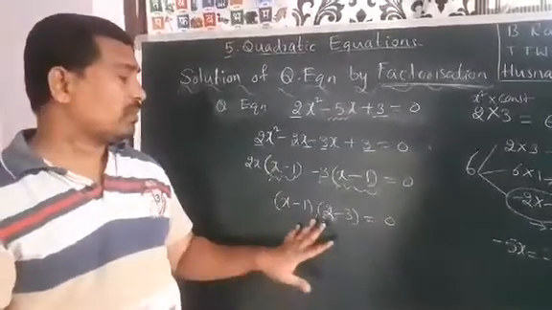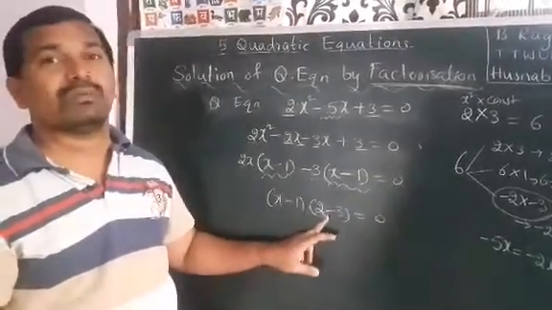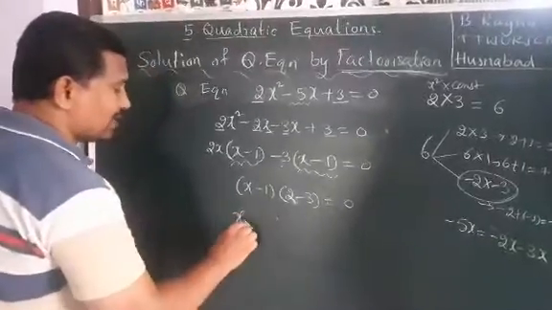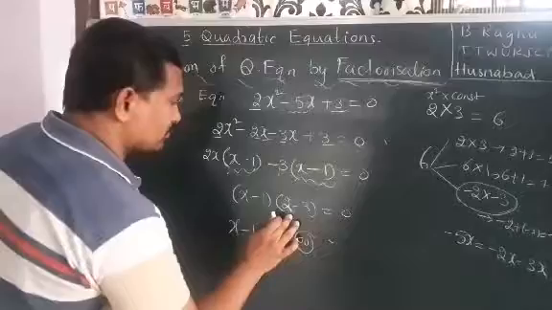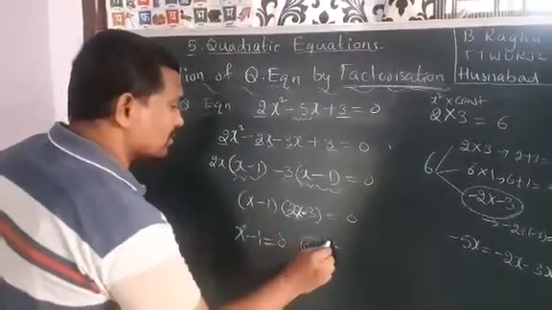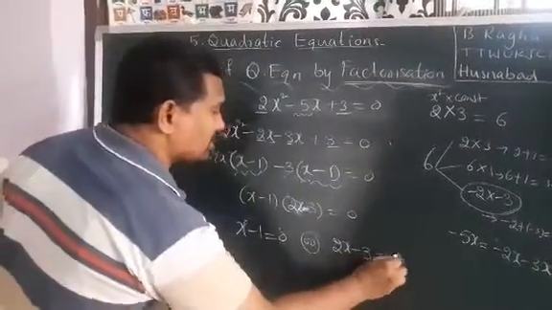So if the product of two numbers is 0, then one of these two numbers is 0. So x minus 1 equals 0 or 2x minus 3 equals 0.